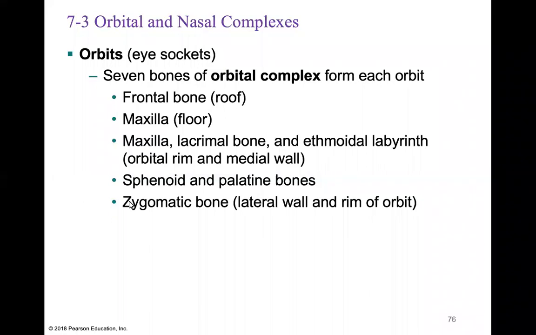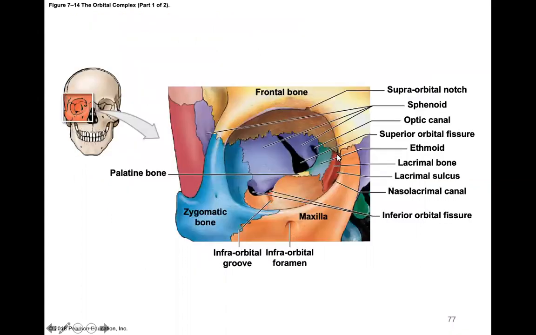And it sort of gives you the boundaries of each of these bones. Looking at this image here, I believe you have this image also in your atlas. Here's our maxilla bone, zygomatic, frontal here, our lacrimal in red, okay, the ethmoid in green, sphenoid back here.